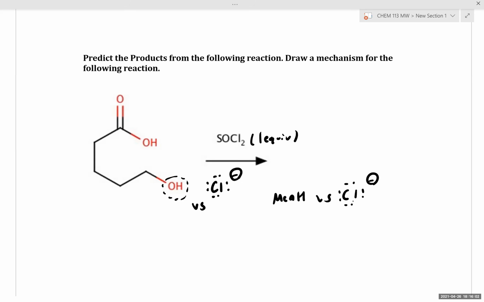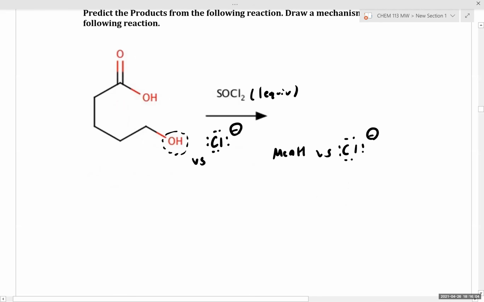Not really. Let's do another comparison. If we thought of methoxide versus chloride, which is the better nucleophile by far? Methoxide or chloride? Methoxide, right?